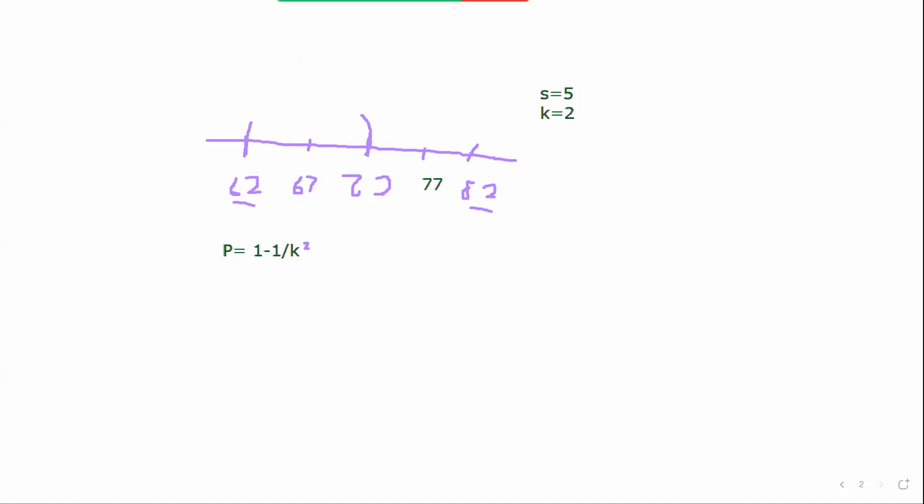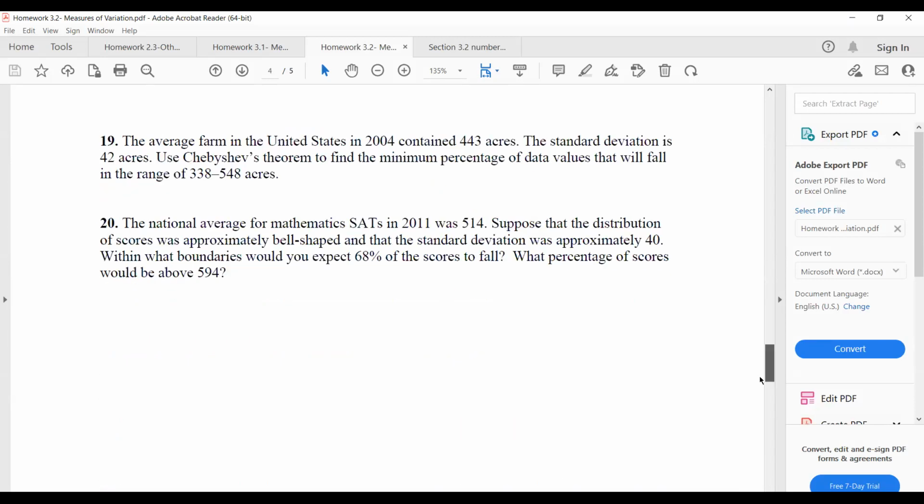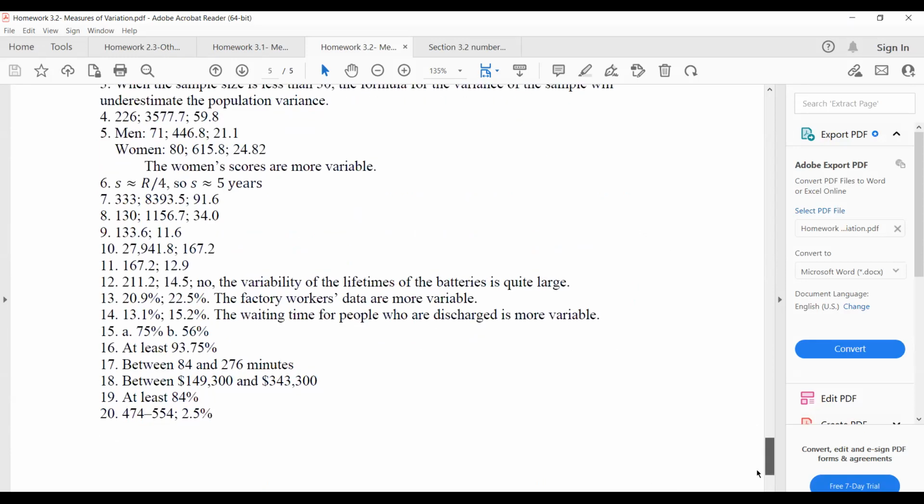I don't remember the exact number, but let me see what the actual percentage says. Yeah, 93.75.